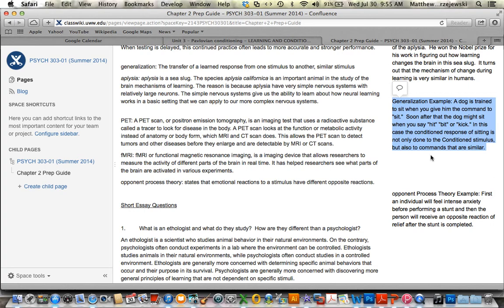And that's one of the important parts that we're going to be talking about. So we might want to be careful about this, but it is true that we're going to see generalization with discriminative stimuli as well. Generalization I usually define as behaving similarly in a different situation. That is, the animal might hear a word and sit, and that's not a bad example of operant generalization.